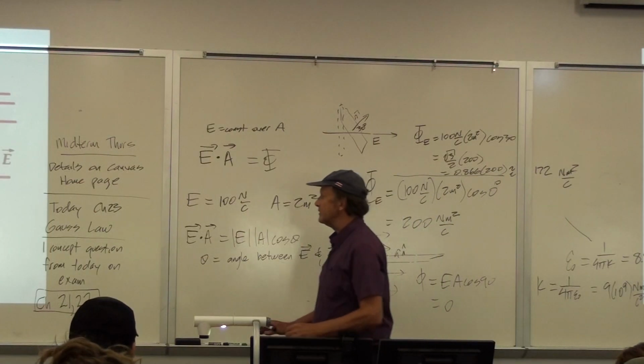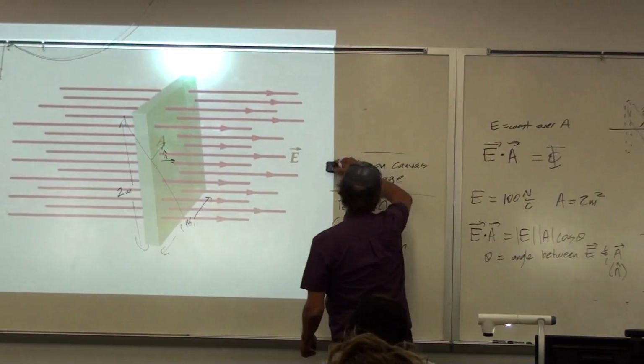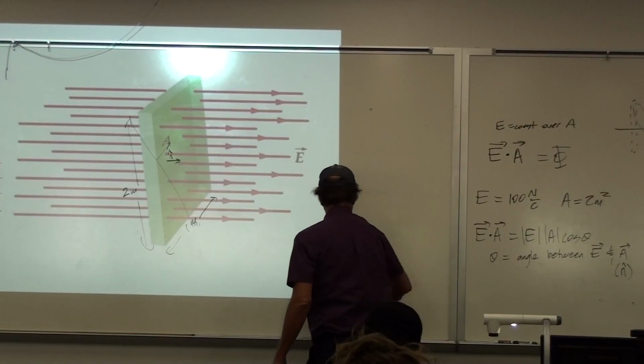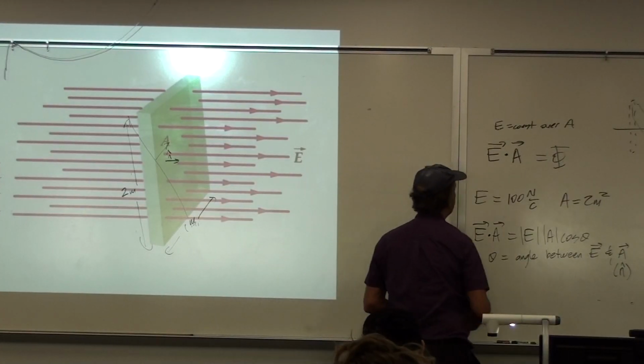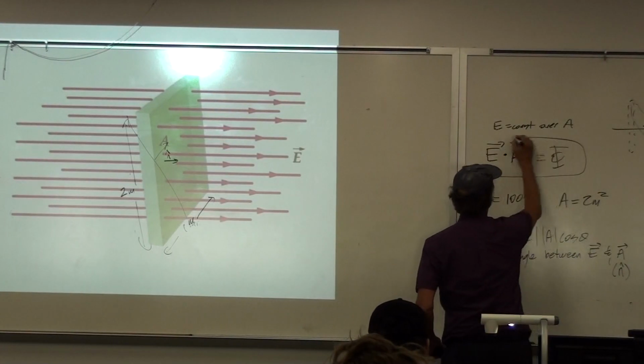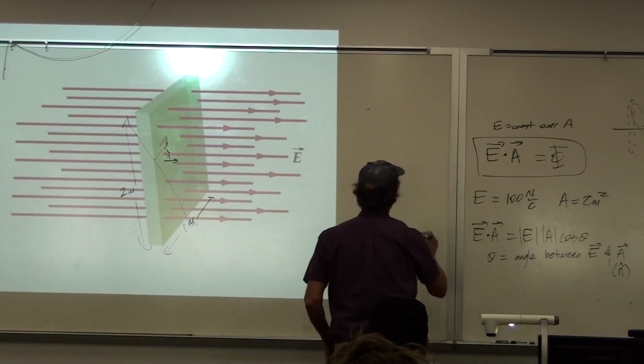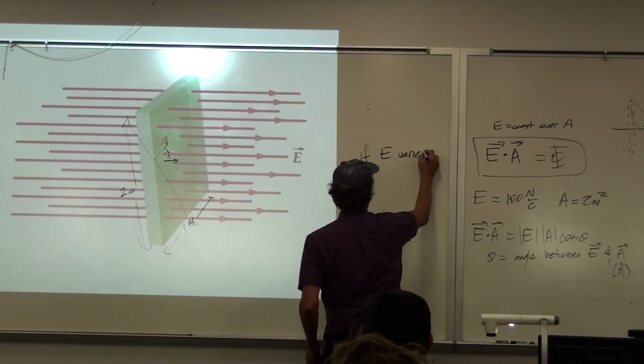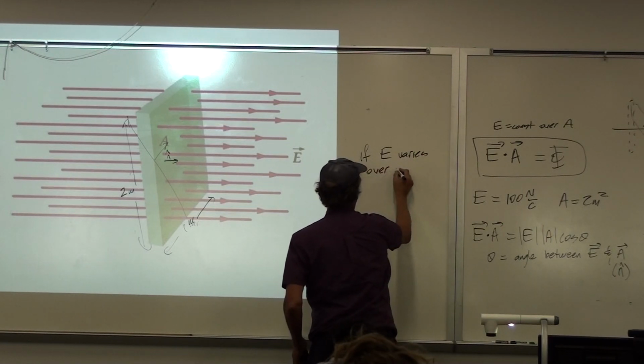But how does the flux relate to the electric field and to the charge? Well, this is true if the electric field is constant over the area. But if the electric field varies over the area, we have to integrate.